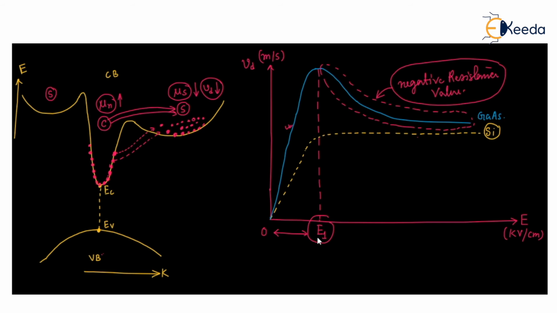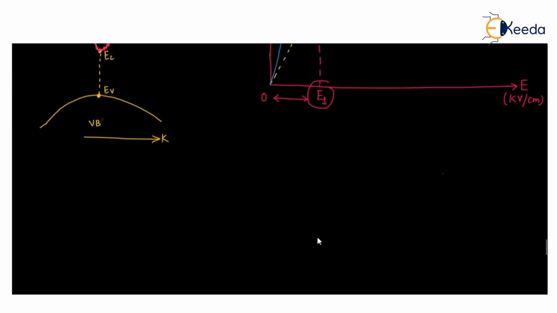In a negative resistance area, the voltage and current will be out of phase. Since the velocity is decreasing with the electric field after E1, the voltage and the current will be out of phase. So let us note down what has happened.